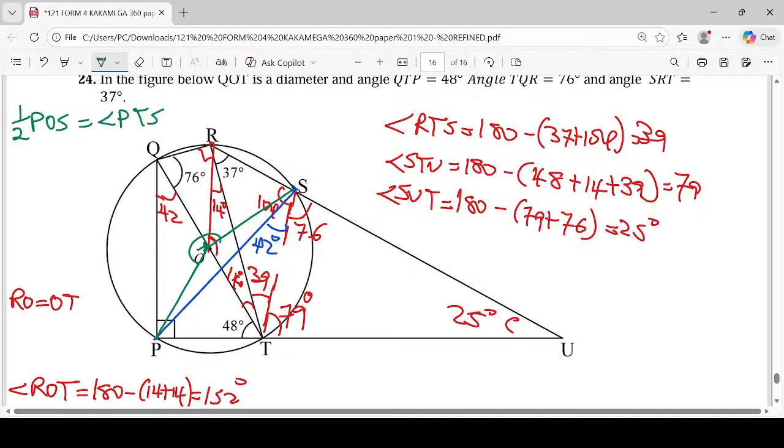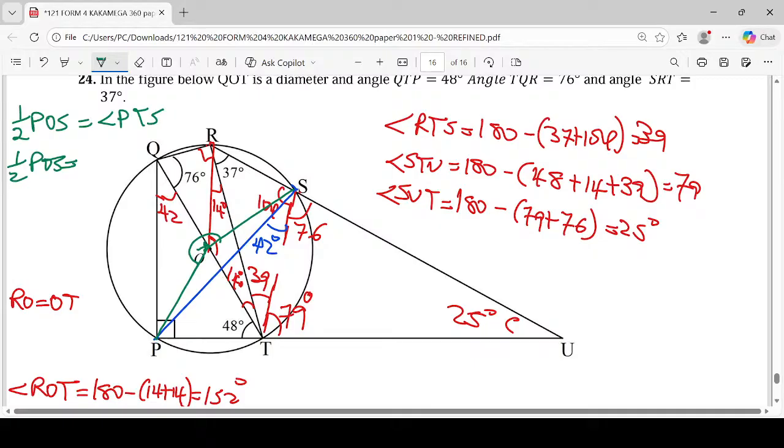Angles subtended by the same chord in the alternate segment are normally equal. So that means that half of angle POS will be equal to 14 plus 48 plus 39. That is 48 plus 14 plus 39.